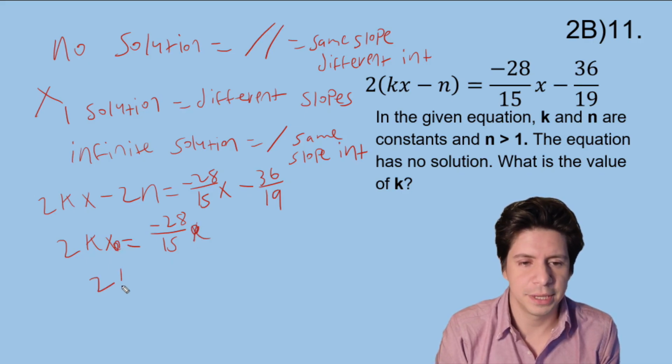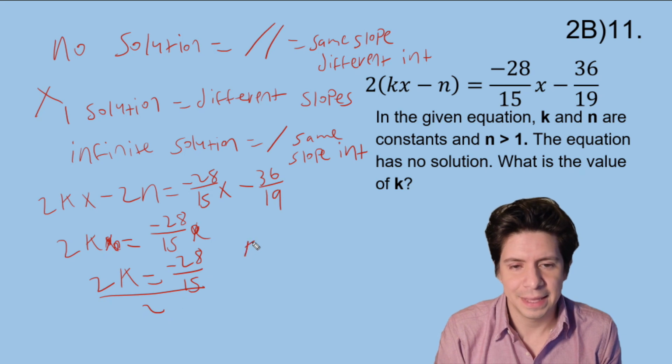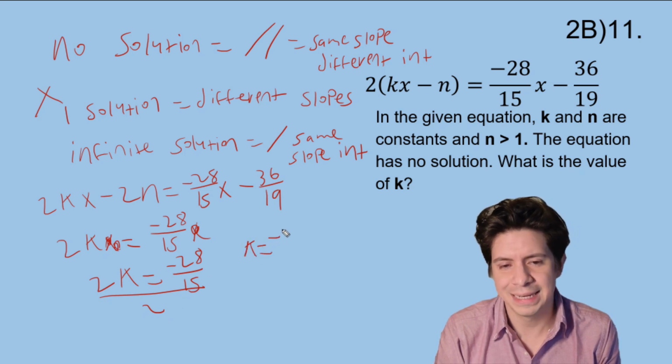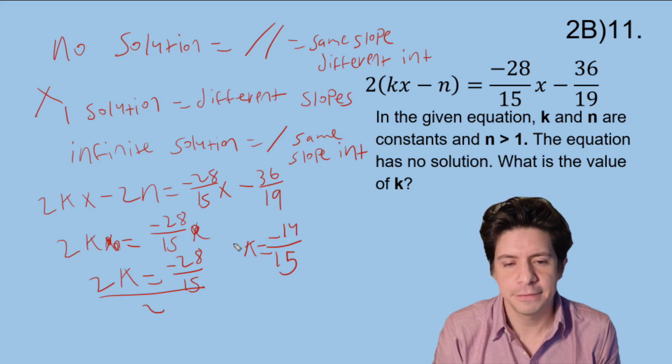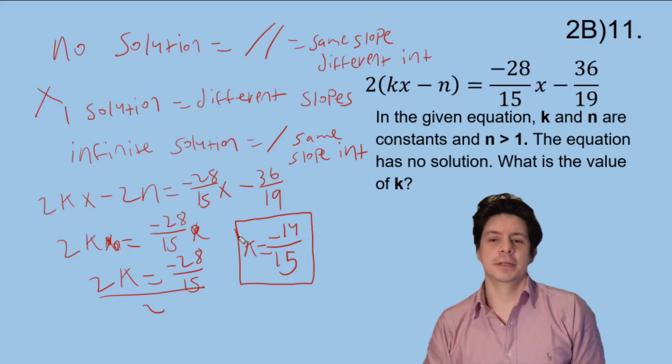Okay, so we get 2k equals negative 28/15. And now we're going to divide by 2, and we're going to get k equals negative 14/15, and that is our beloved, lovely value, okay?